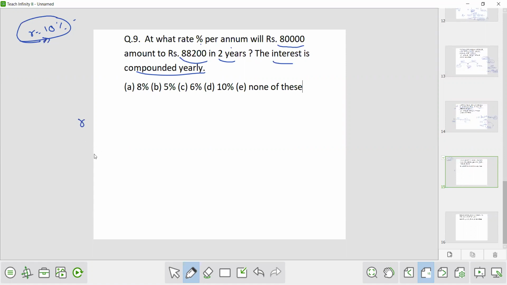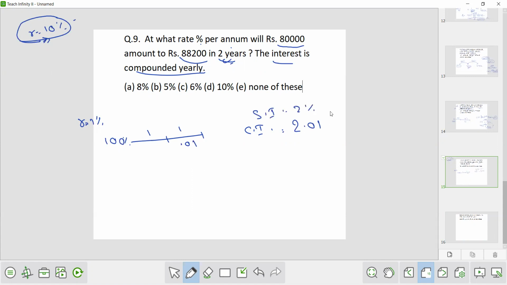Now, for 2 years, if you are depositing 100 rupees or let's say 100%, if the rate is 1%, what is the compound interest? 1% for 1 year, 1% for the next year, and this 1% of 1, that is 0.01, so the compound interest is 2.01, and simple interest is 2%.